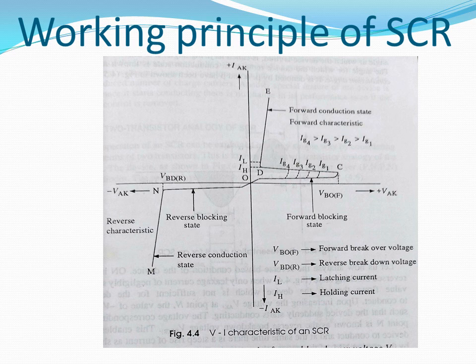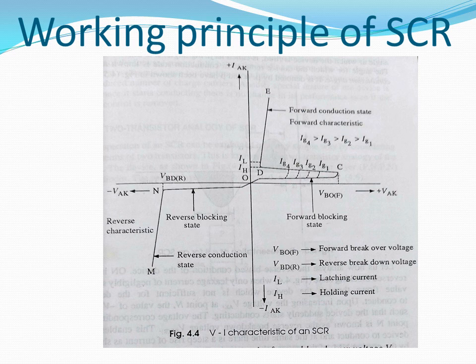So the OC part of this characteristics represents the forward blocking state of SCR. At point C, when the voltage across anode and cathode has reached a particular value, the SCR is triggered and then it starts conducting. The voltage corresponding to point C is known as the forward breakover voltage.